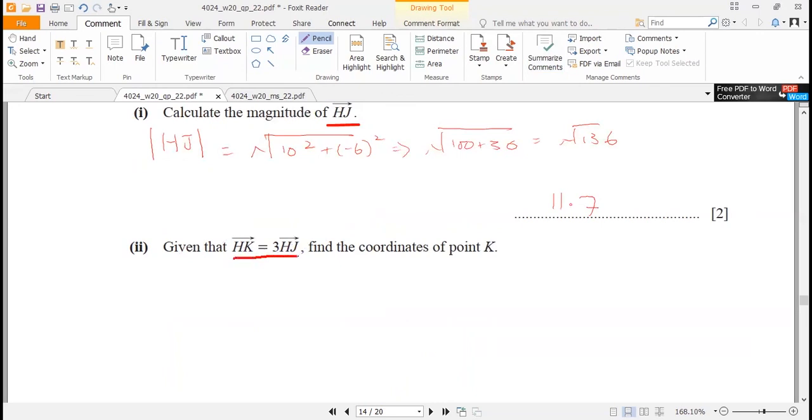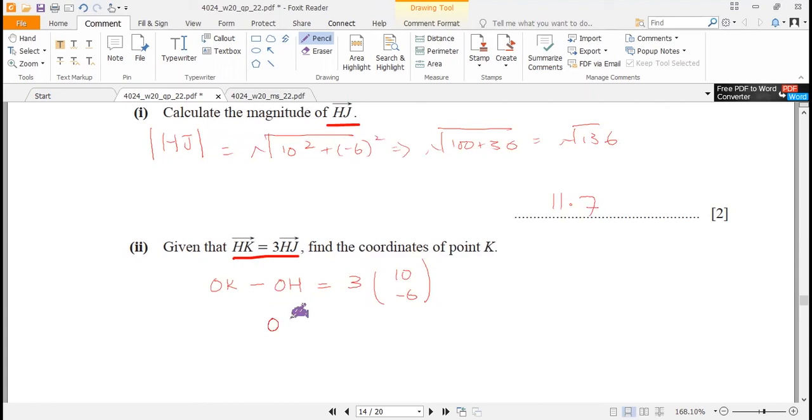Now come to part 2. HK is equal to 3HJ. Okay, HK, if you write it in the form of position vectors, will be OK minus OH is equal to 3 times the column vector 10, -6.